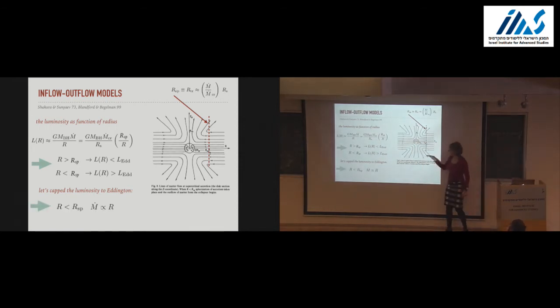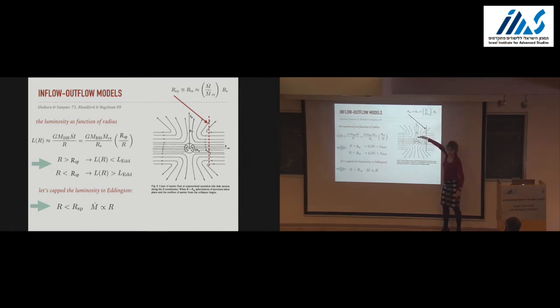So the structure in this kind of hyperaccreting disk: m dot is constant here, where the disk emits sub-Eddington, and the luminosity is increasing. Then at this critical value, the luminosity wants to increase, but we keep it at Eddington.